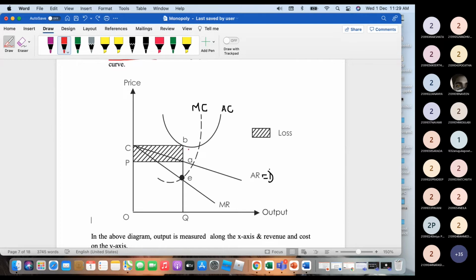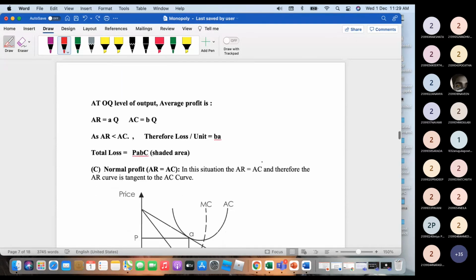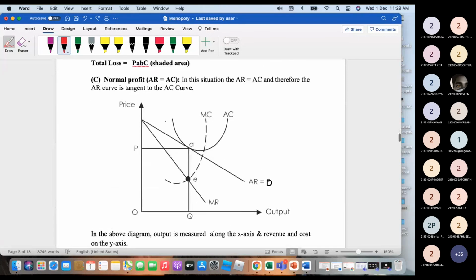So this graph you will be drawing in your homework. Similarly, the third graph also you will be drawing in your homework, which is the normal profits graph. AR is equal to AC. And if you check it here, students, the AC curve is on the AR.